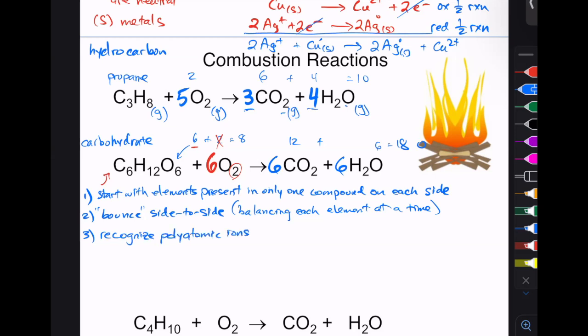And when we do that, they remain as polyatomic ions in aqueous solution. In other words, we don't split them up, so we can just treat them as one unit. Instead of NO3, we can just call it X, and you just balance the X's.